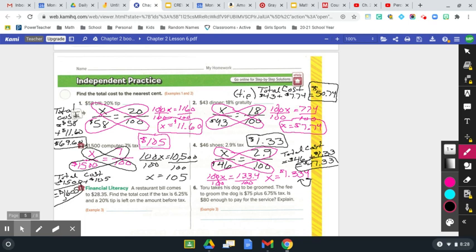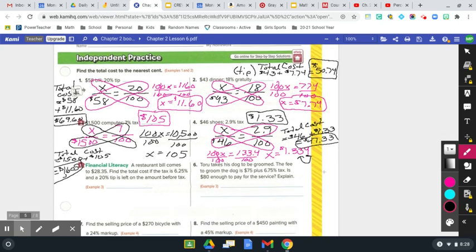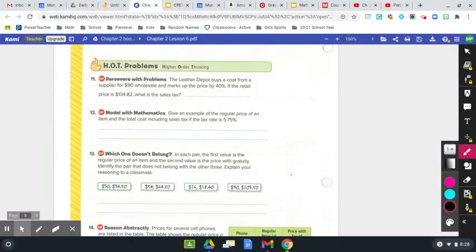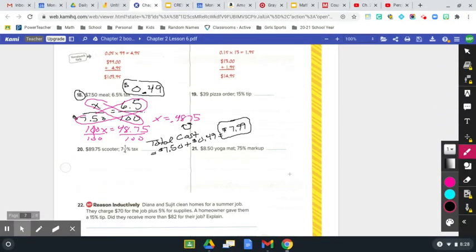Number 4, $47.33 for the shoes that you're purchasing. And the last one on extra practice for the meal, it looks like total bill would be $7.99. So I'm showing you today adding that extra layer to find that total cost once you have found tax or tip.